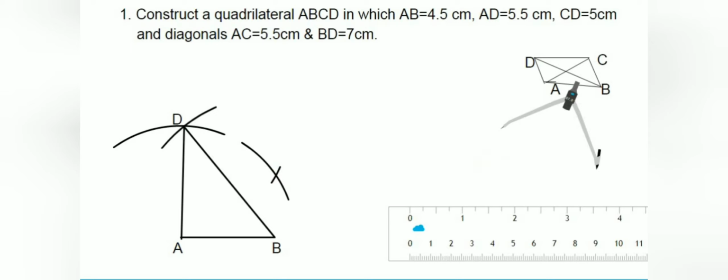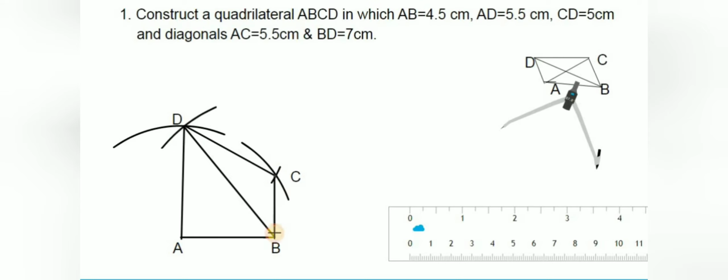This is point C, and just draw both the sides, that is C to D or D to C, and connect BC. BC is not given, but just connect points B and C, and the diagonal AC.